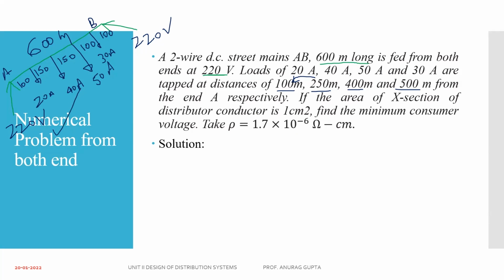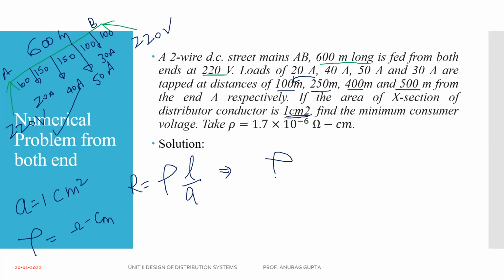Clear? Now what they are asking: the area of cross section of the distributor conductor is 1 centimeter square. They have given A equal to 1 cm square, and rho is also given in ohm centimeter. So keep in mind, I've already discussed before that R equals rho L by A, so rho equals R into A by L. Clear?